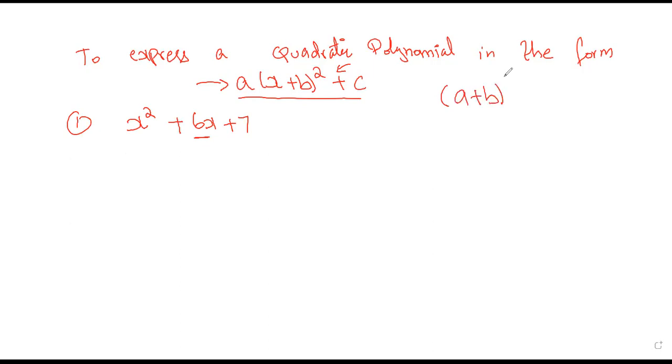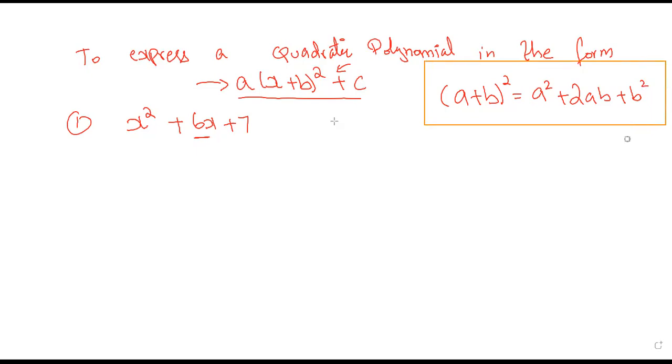A plus b whole square equals a square plus 2ab plus b square. This is the general form of a plus b whole square. Do you guys know this? And what about you, Gayatri? Okay. Very well done.